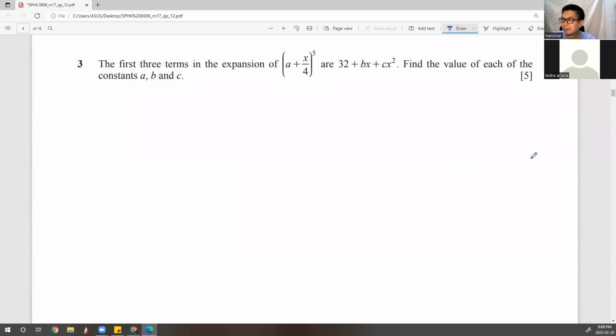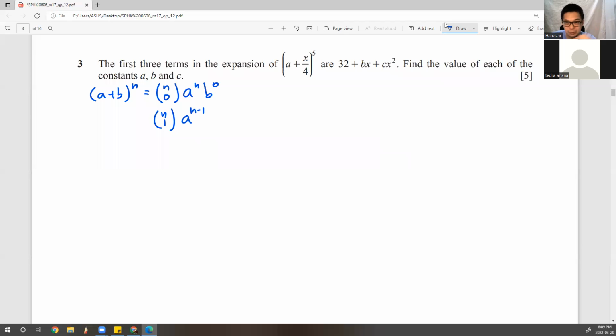Remember the rules? So the first 3 terms in the expansion. Okay, later on we just want to focus on the formula. If we have (a plus b) to the power of n, start from nC0, a power n, b power 0, right? And then nC1, a power n minus 1.